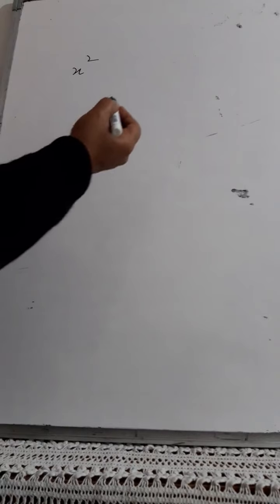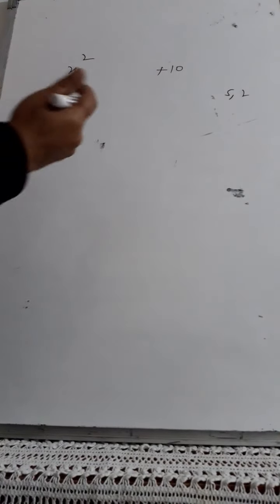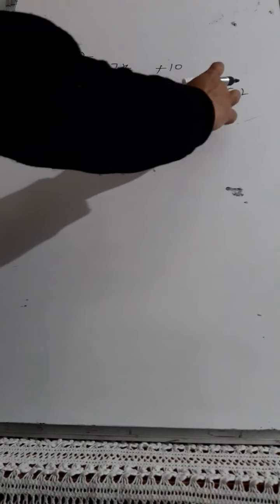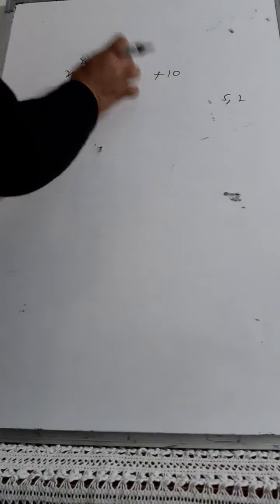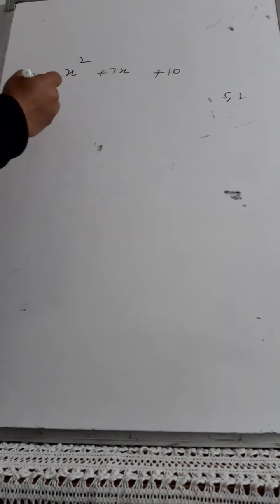Then you think of any number. Suppose I take 10 here. Then 5 and 2: 5 twos are 10. If you are thinking in plus, 5 plus 2 will be 7x. If you are thinking in minus, minus 5 minus 2, then you put here minus 7x. And in that way you can write and then do the factorization.